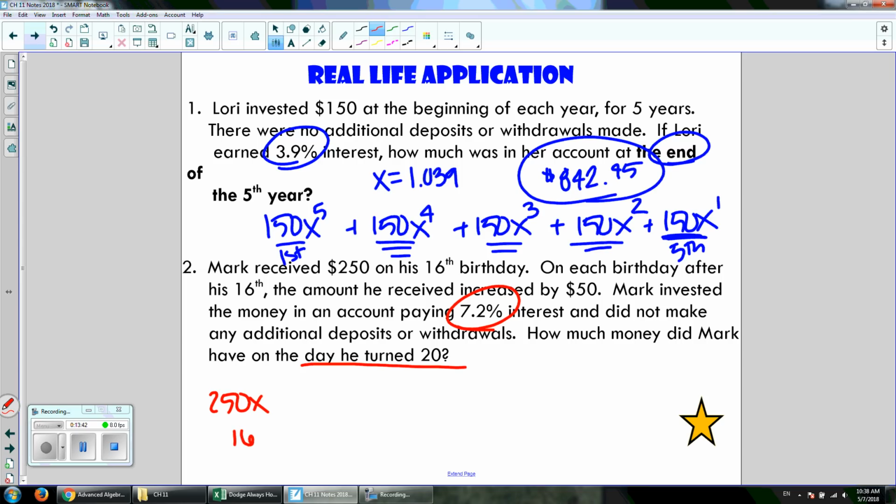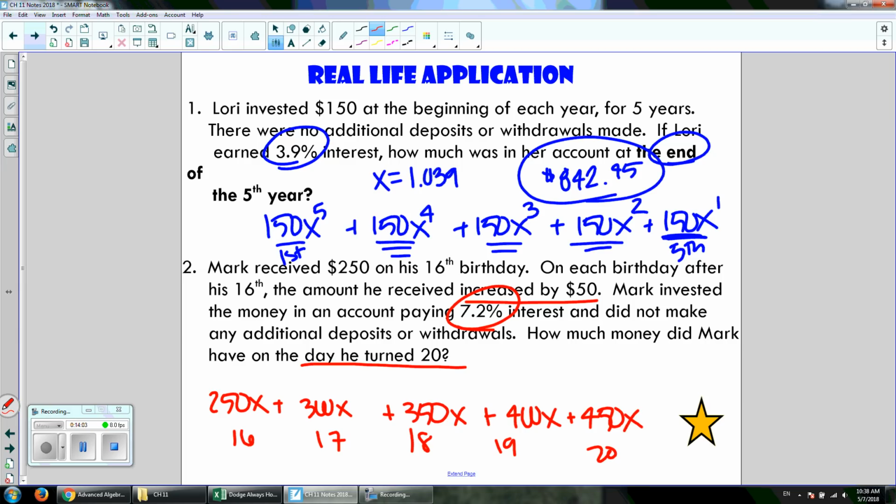On the 17th, he gets 50 more dollars, so it'd be $300 times some interest. Plus his 18th birthday would be $350 times some interest. His 19th birthday would be $400 times some interest. And on his 20th birthday, it would be $450 times some interest.